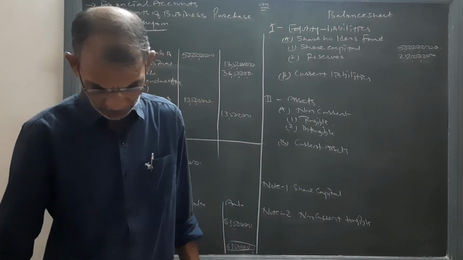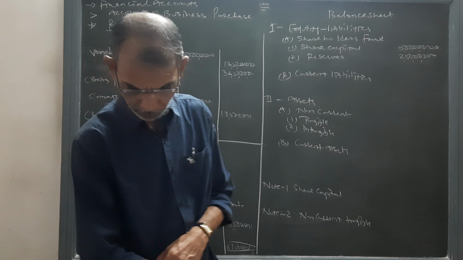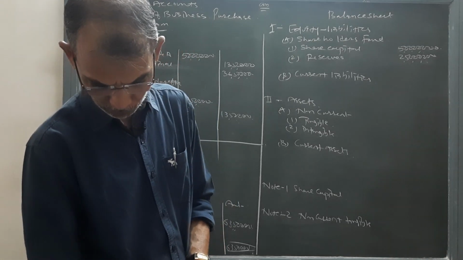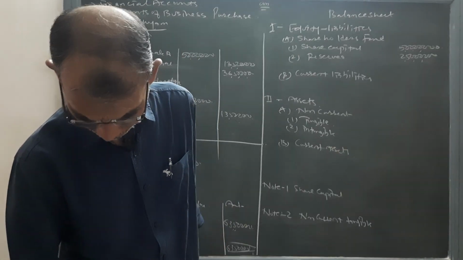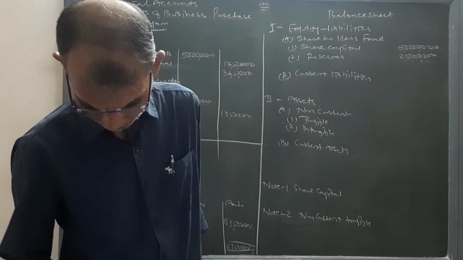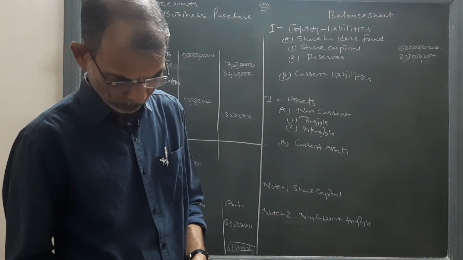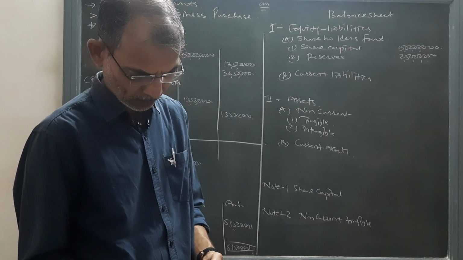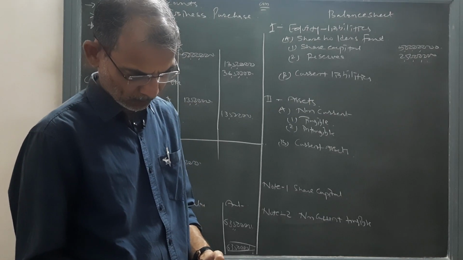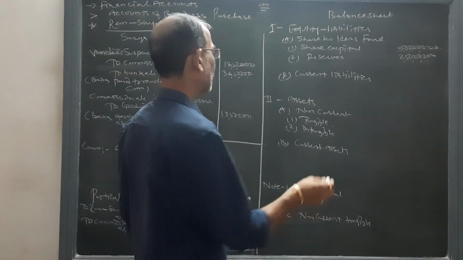Current liabilities, that was provident fund and workers profit sharing fund 40 lakh plus 15 lakh.